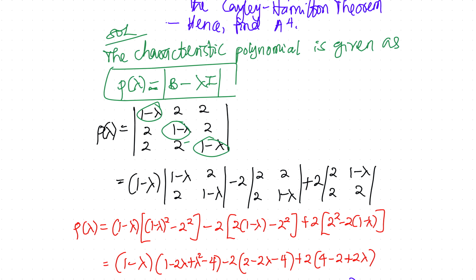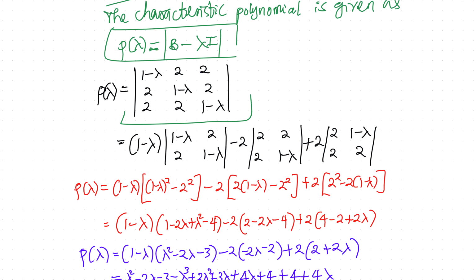And since this is a determinant, you already know how to find it. You assign the necessary signs: plus, minus, plus. So here you have plus 1 minus lambda, cross this row and column, you have minus 1 minus lambda, 2, 1 minus lambda.